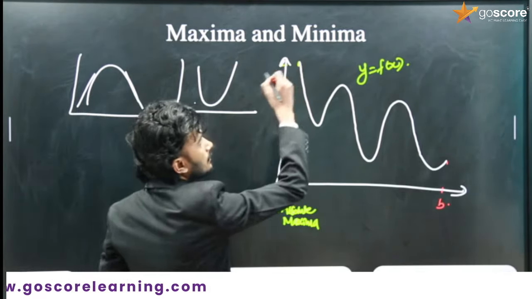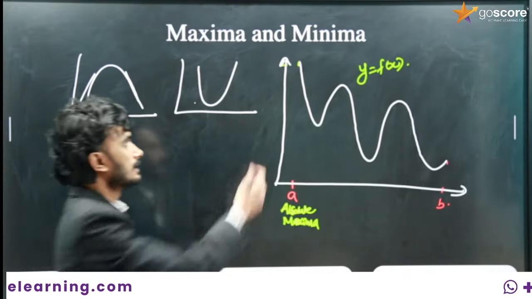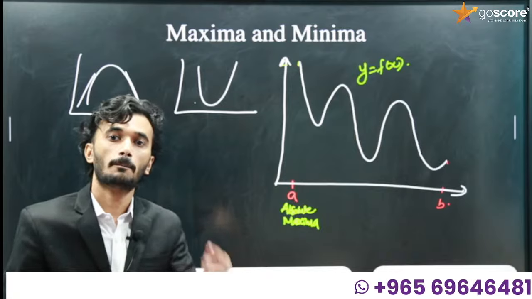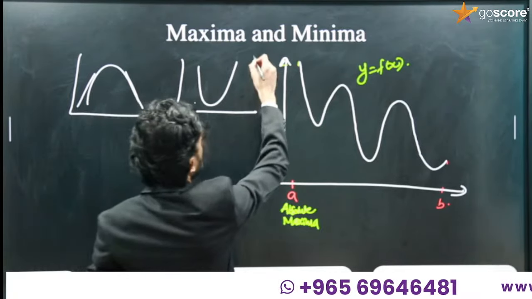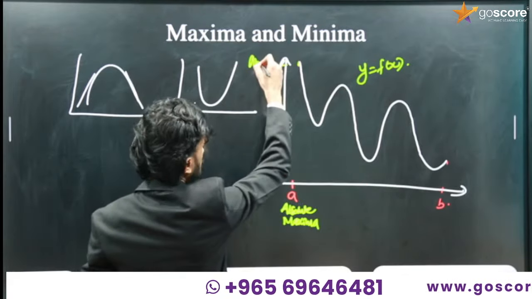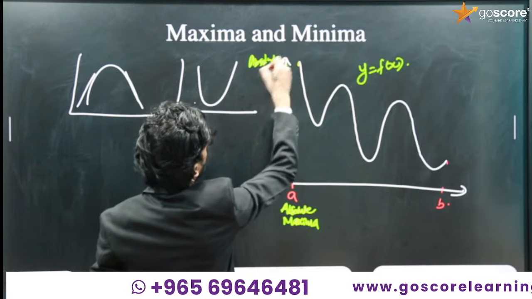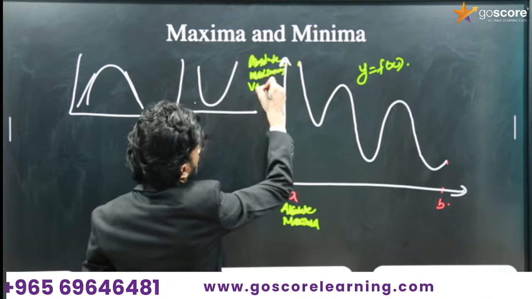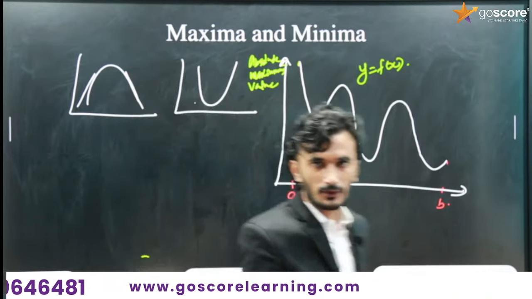Then here in this axis you will get a value. It is called the absolute maximum value. You got the difference.